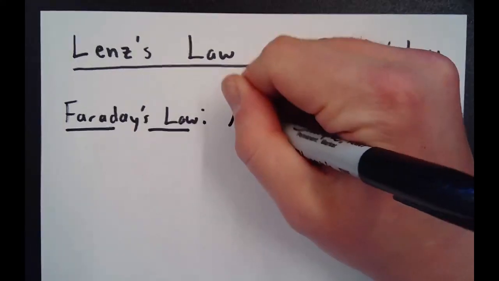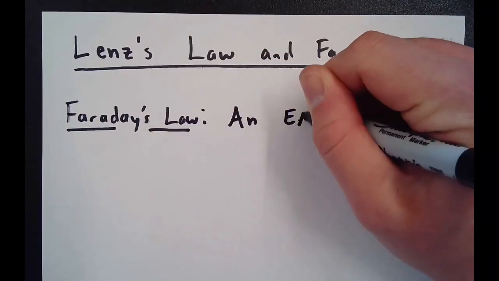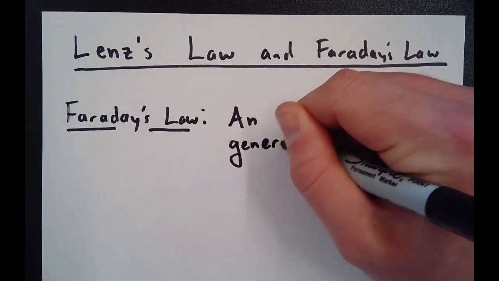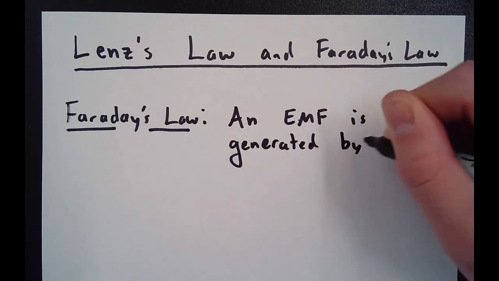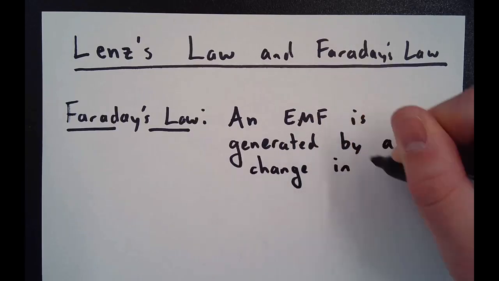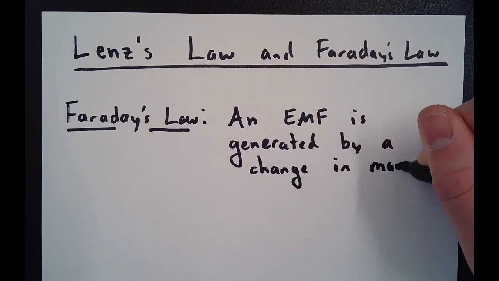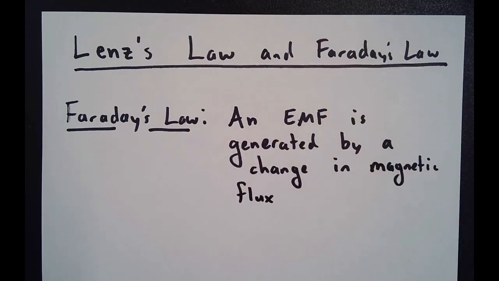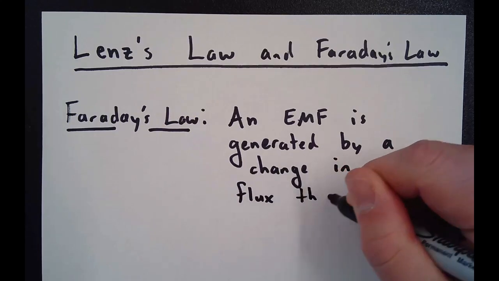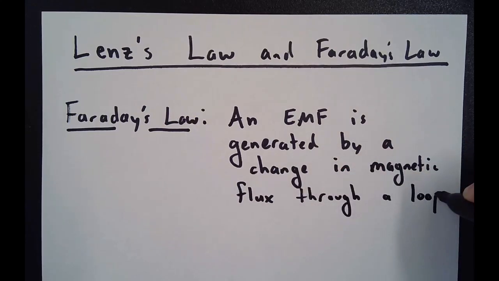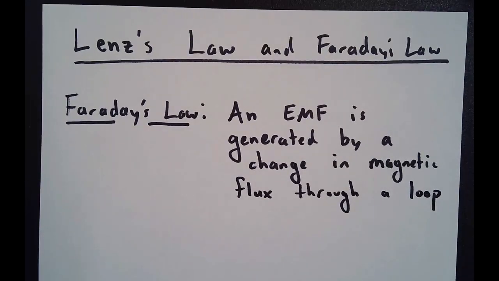EMF created by a change in magnetic flux through a loop. So it's taking the same idea of the motional EMF and generalizing it to thinking about what's happening with the loop itself and the field.